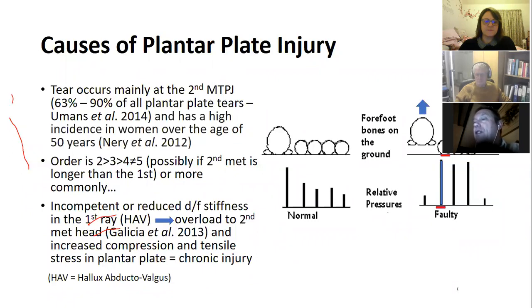And what actually happens is, first it starts to stretch, then as it stretches, basically it becomes less useful in its function, which is to resist that stretching stress and the compressional stress, and in the end then it tears. So elongation, attenuation, tear, injury. Okay, so that's one of the most common causes is wear and tear. Okay, next slide, please.